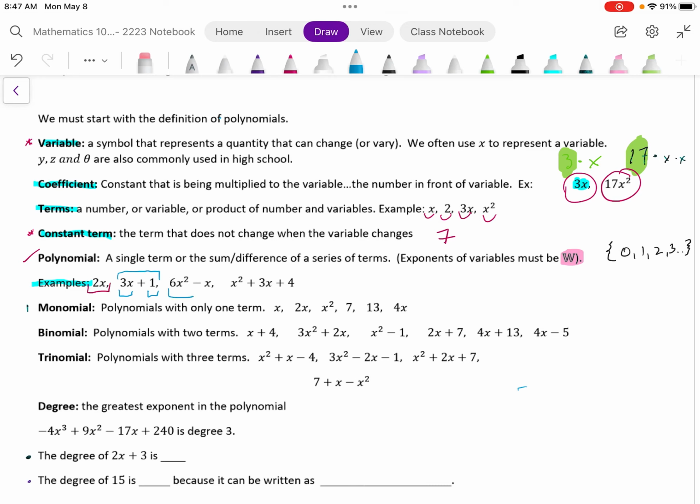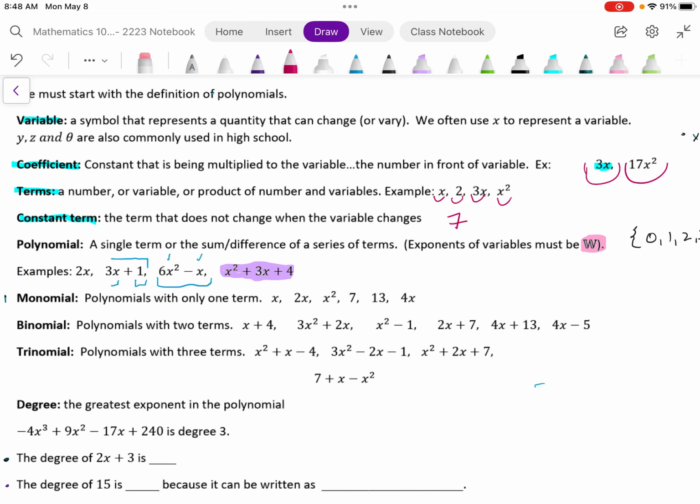Likewise, for 6x squared minus x, 6x squared is a term, x is a term, and they're being subtracted. So not only can polynomials be the addition of terms, they can also be the subtraction. Likewise, x squared plus 3x plus 4 is a bit bigger polynomial. Most people think of polynomials as representing something bigger, but they can also represent just a single term.